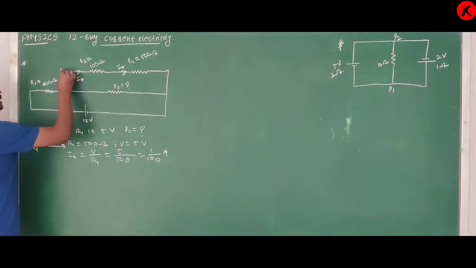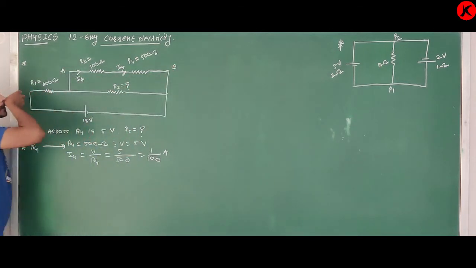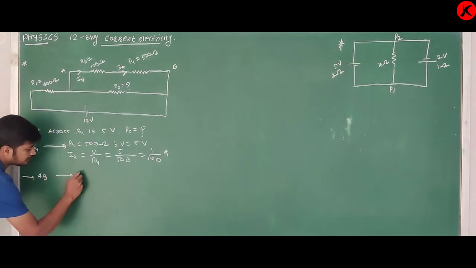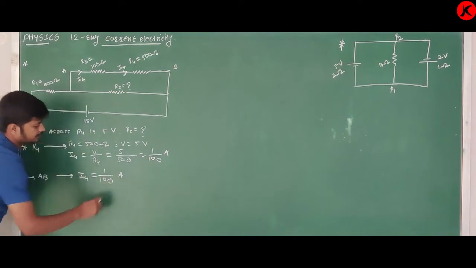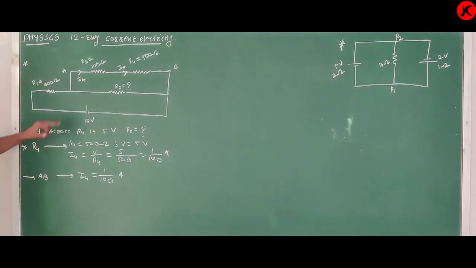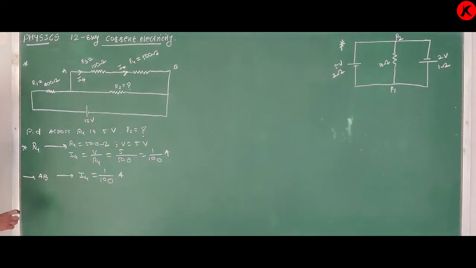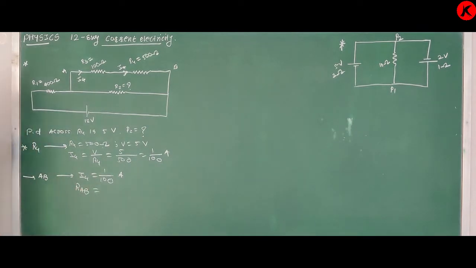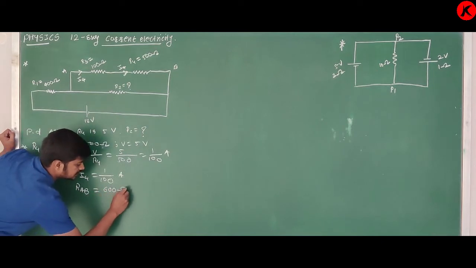If I name the ends of this branch A and B, the current flowing from A to B is 1 upon 100 ampere. What is the effective resistance between A and B? It is 100 plus 500, which means it is 600 ohm.